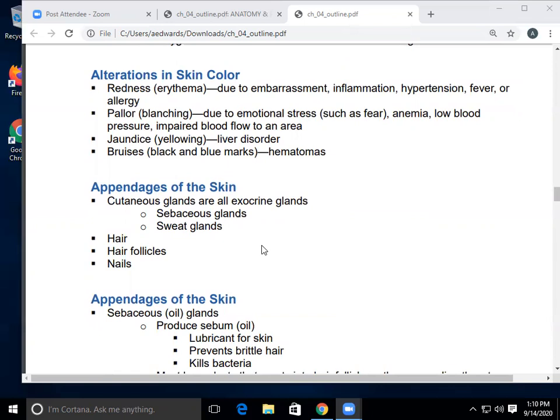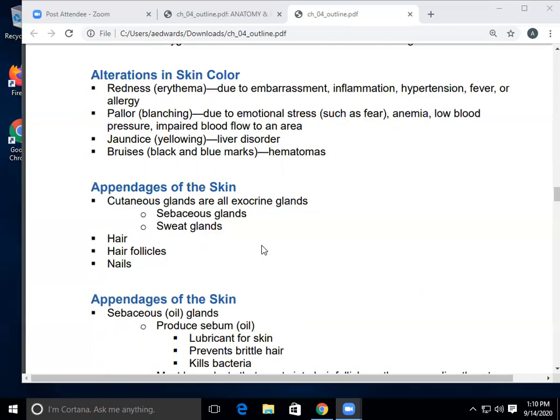So what can affect your skin color? Sometimes, again, we have differences. When skin appears red, we call that erythema. Could be just getting embarrassed, your skin turned red. Or it could be some inflammation, some rush of blood to a certain part of the body. Could be high blood pressure or hypertension, fever, increased temperature, or some allergic response to something in your body.